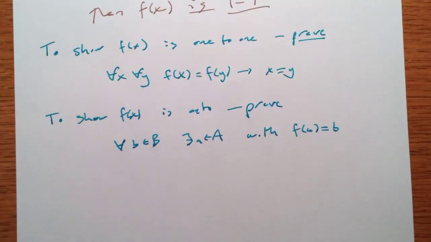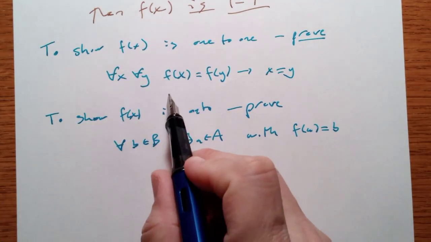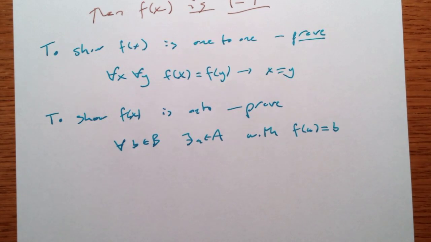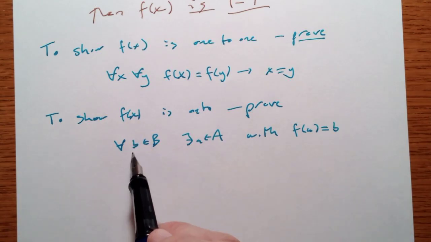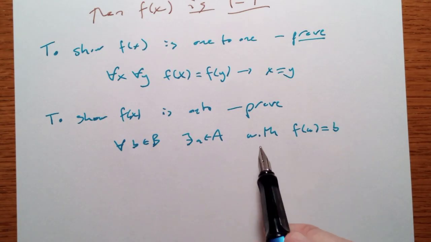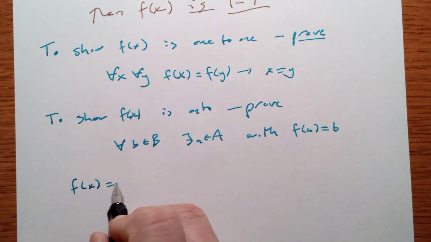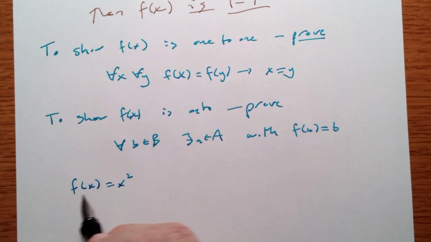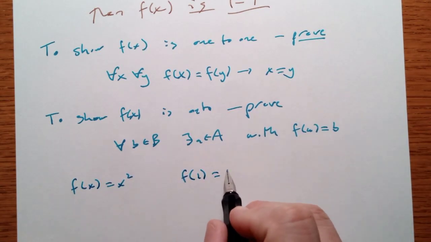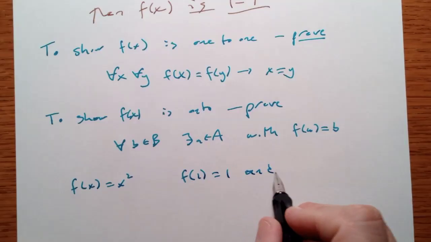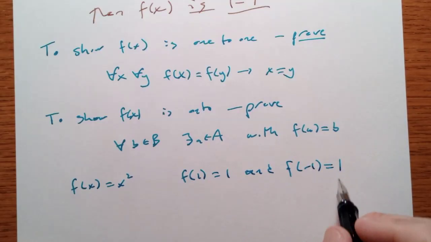But these are universally quantified statements. So to show f is not one-to-one, all you have to do is find one place where two different values go to the same thing. To show f is not onto, you have to find one output that isn't hit by an input. That was what I did with f of x equals x squared. I said, hey, this is not one-to-one because f of 1 equals 1 and f of minus 1 equals 1.